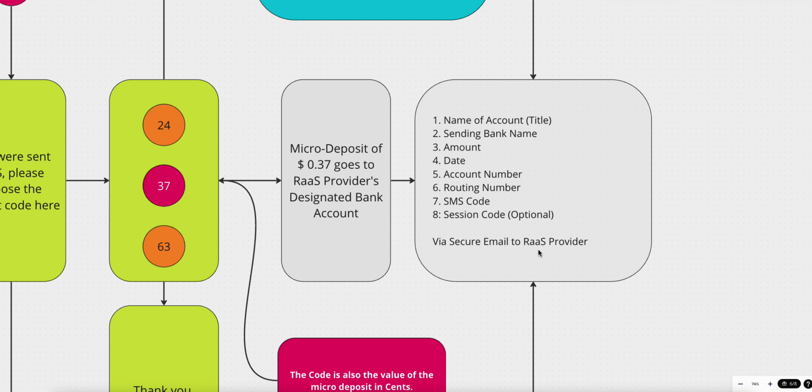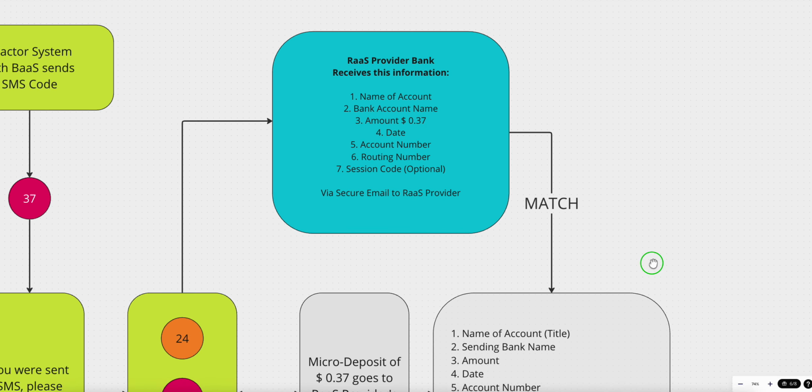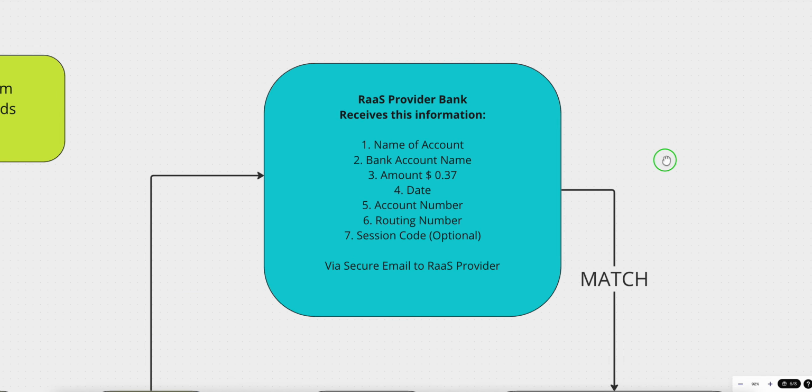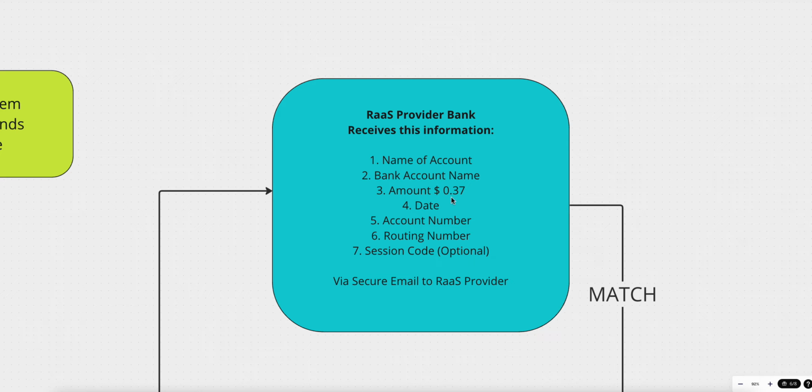So the RAS provider is receiving an email that says, okay, XYZ, the sending bank is ABC, the amount is 37 cents, the date is this, the account and routing number of this RAS provider is this, the SMS code was 37, the session code, maybe you give a session code. All this is sent to them. And then the RAS provider is going to look at their bank account. And sure enough, there's going to be a deposit.